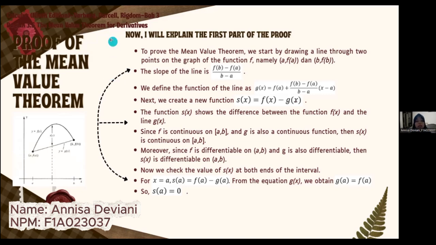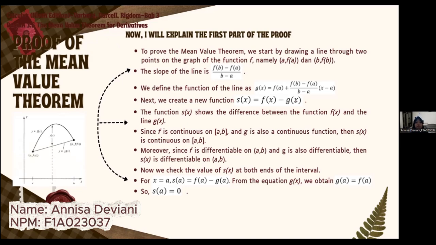Next, we create a new function, s of x equals f of x minus g of x. So s is the difference between the function f of x and the line g of x.